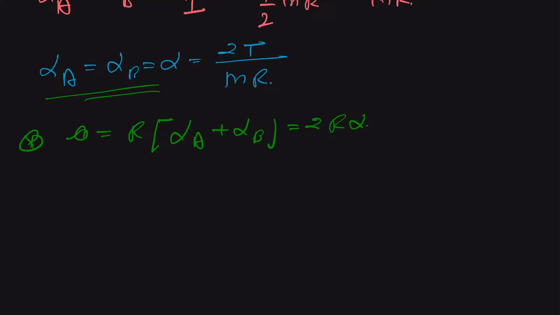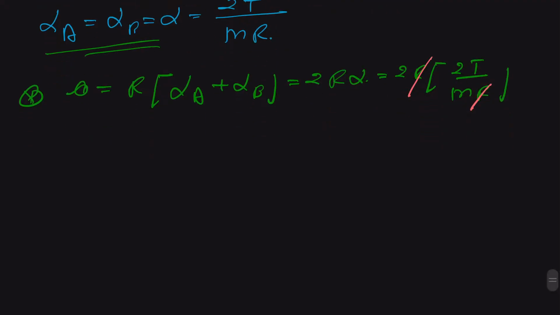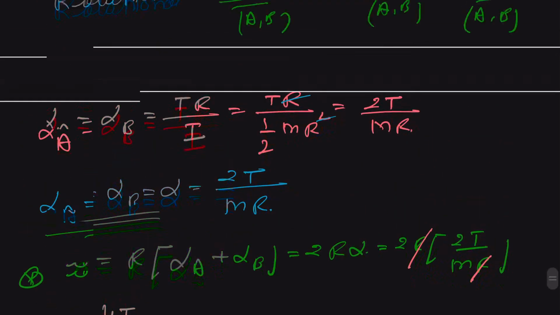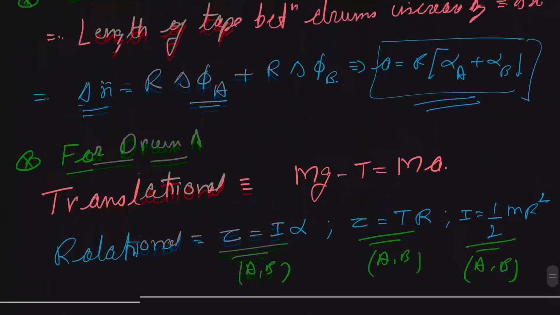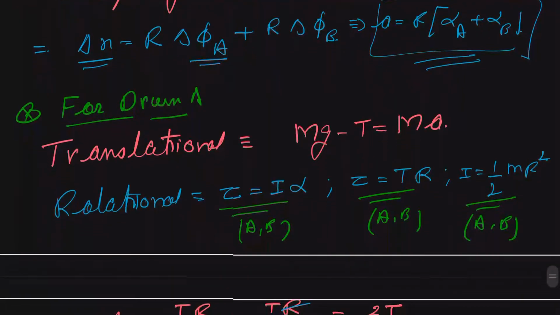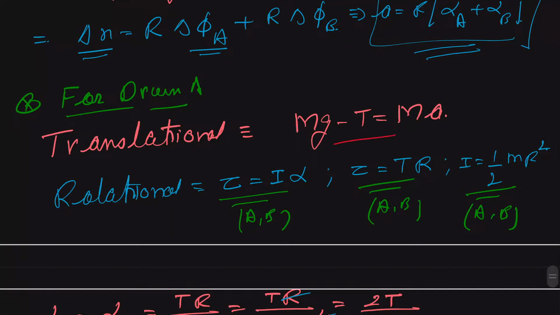And alpha we already know, so this comes as 2R times 2T over mr, and here R and R cancel out, so we get that a is equal to 4T upon m. And we already know the relationship that mg minus T is equal to ma. Let us call this equation number 1.